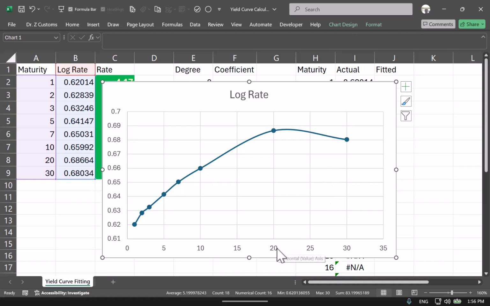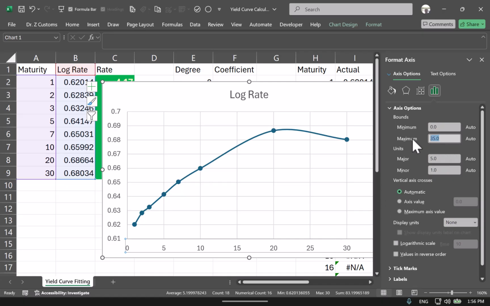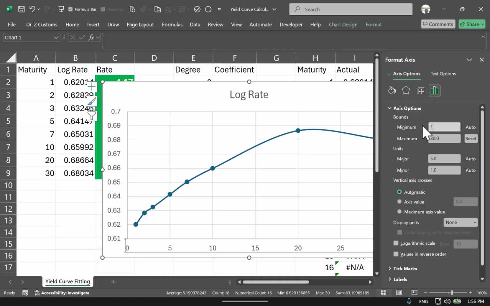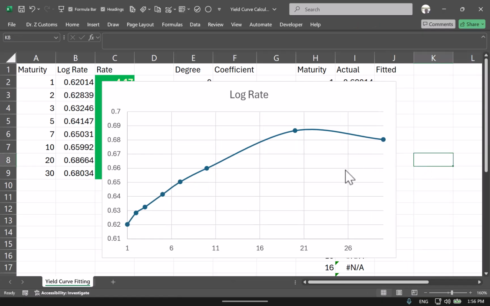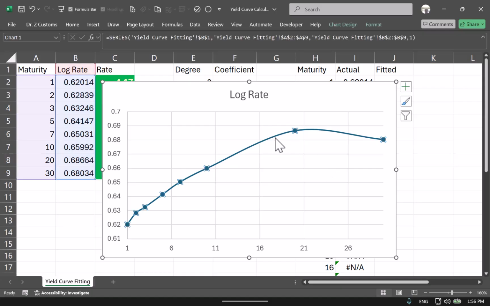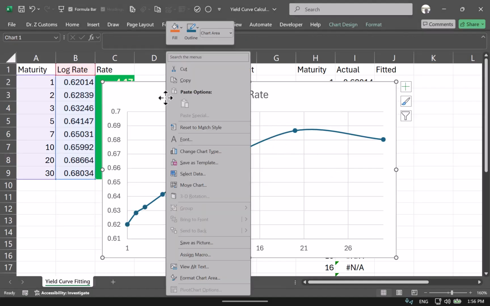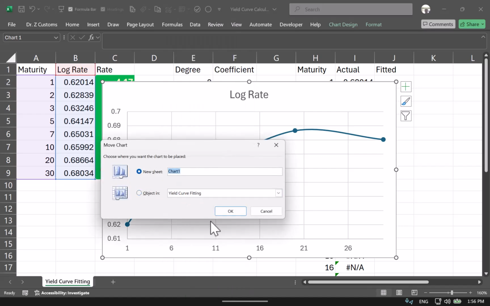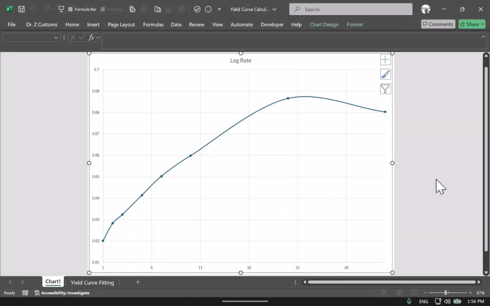Of course, I'm gonna end this. But let me put this chart into a separate sheet so that I can see it bigger. All right.